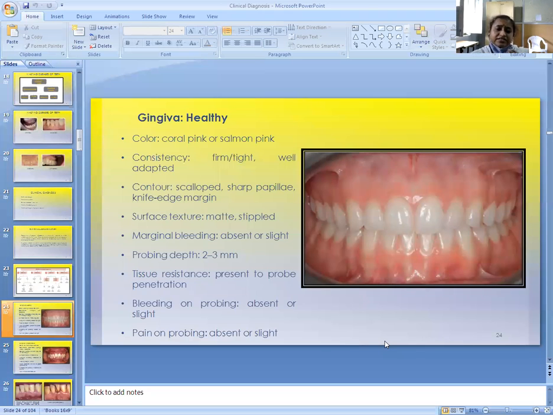Sometimes the consistency will be fibrotic, where the fibrotic component is more, and the consistency becomes leathery.